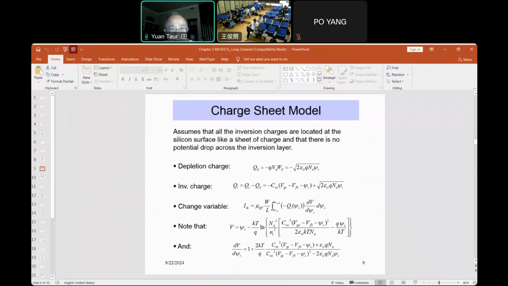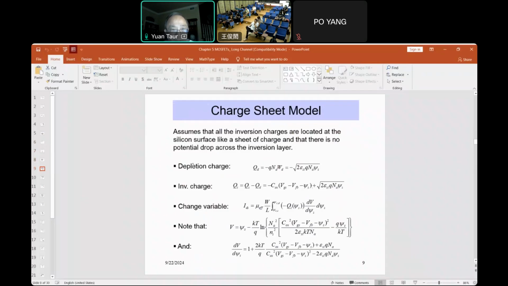In this model, we assume that the inversion charge is very thin at the surface, like a sheet of charge, and there's no potential drop because it's so thin. If you integrate a charge with respect to x, you get a field, from the Poisson equation. And if you integrate the field again, you get a potential drop. But if the layer is very thin, you get essentially negligible potential drop. That's the so-called charge sheet model.